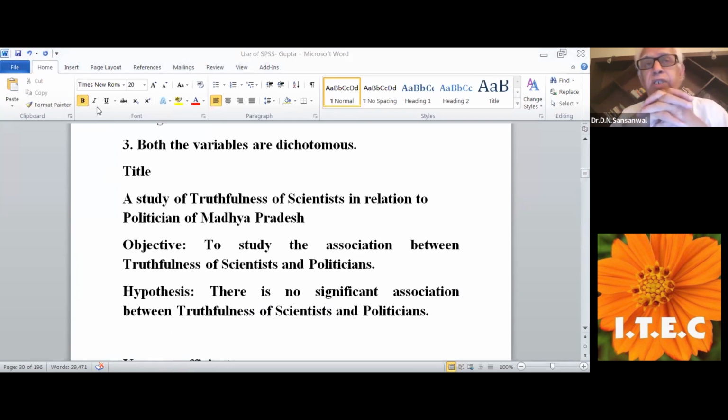In hypothesis, you have to write the word association, because association is a technical word and relationship is a general word. So when you are formulating hypothesis, you should not use the word relation. You should use the word either association or correlation. When you have data on the nominal scale, then you cannot use the word correlation. You have to use the word association.